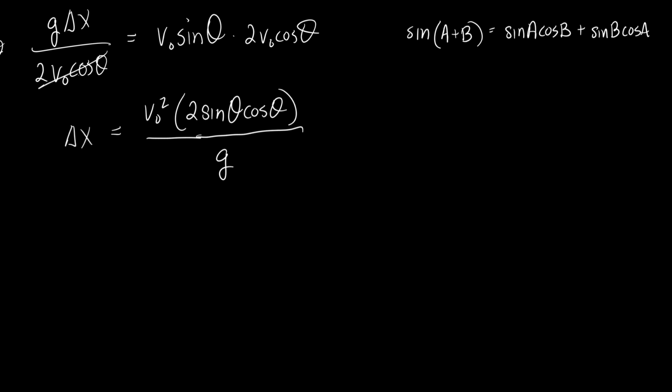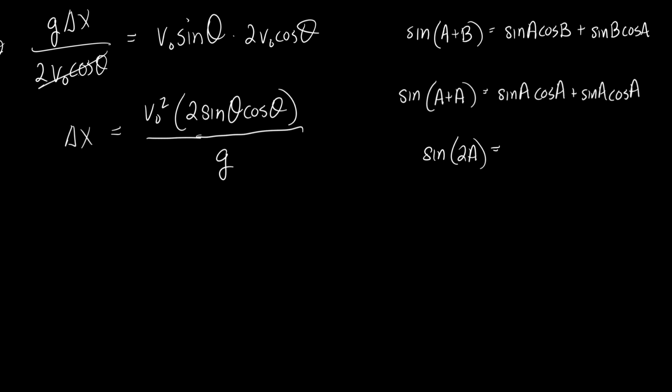Okay. If you replace B with A, you get sine of A plus A equals sine A cosine A plus sine A cosine A. Follow me so far? The left side becomes sine of 2A, while the right side is 2 sine A cosine A. Do you see why I brought this to our attention?